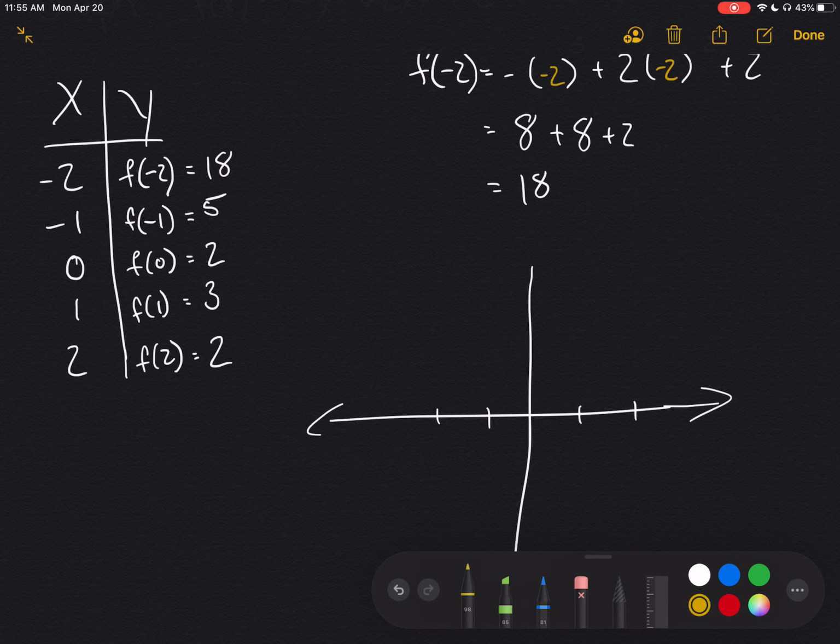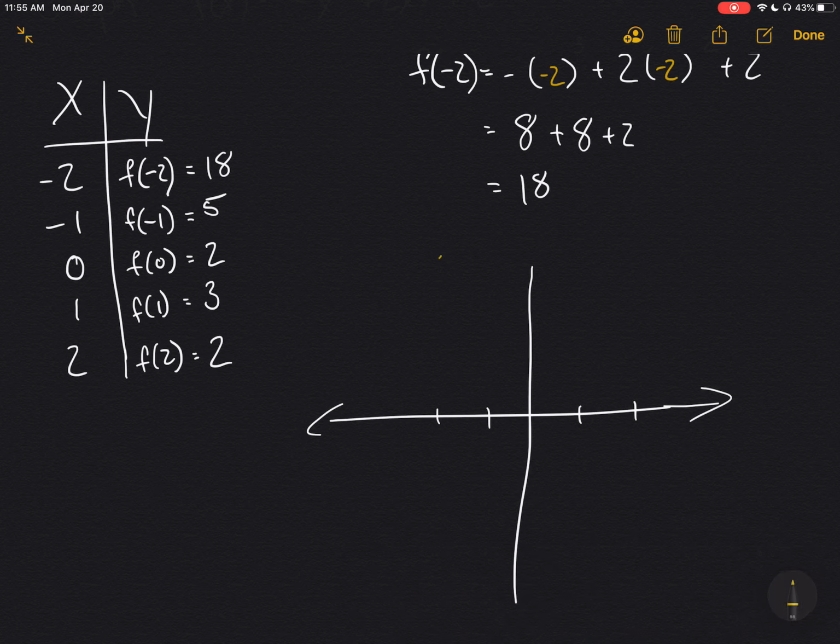But first point I want to plug in is -2, 18. So I go to -2, and then 18 is just going to be really high, so I'm going to put it up at the top here. Next point is -1, 5. So I'll plot -1, 5, which is about a third of 18, so we'll just go about there.